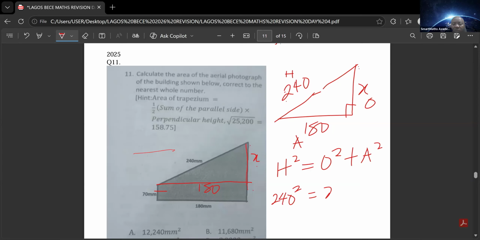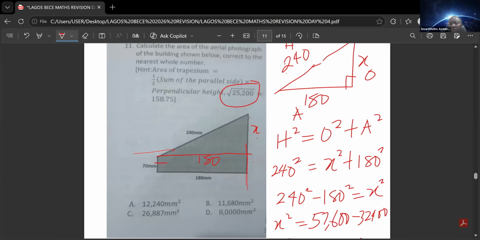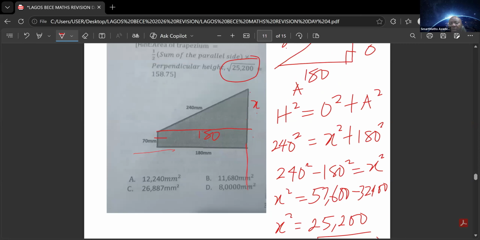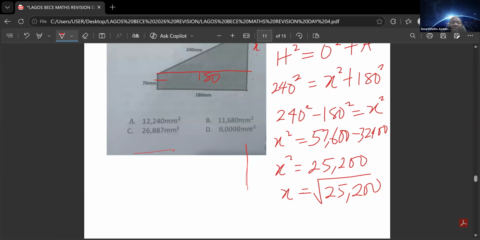We have x squared equals 25,200. So x equals the square root of 25,200. We have been given the square root of 25,200 to be 158.75, because you cannot use a calculator. All right, so that is that one.